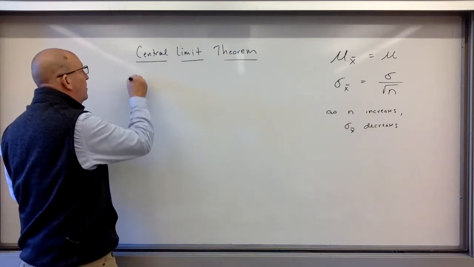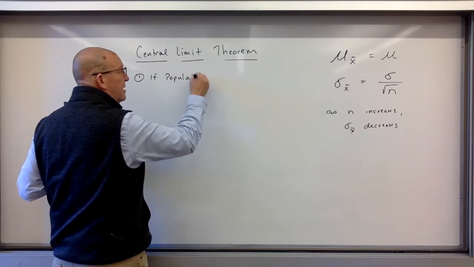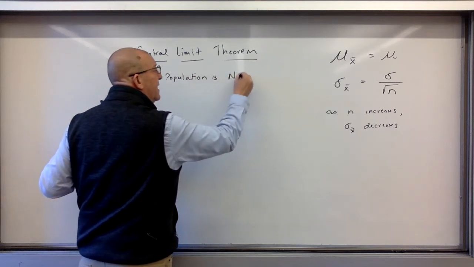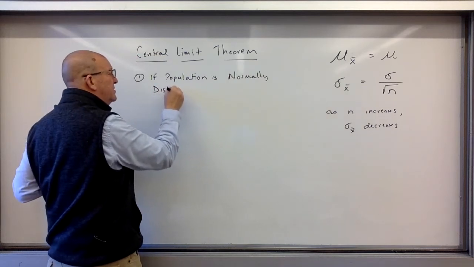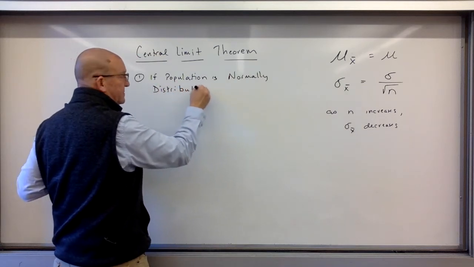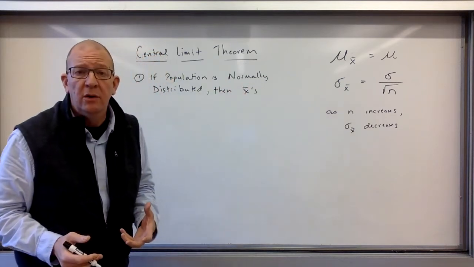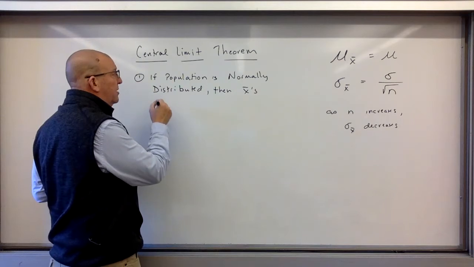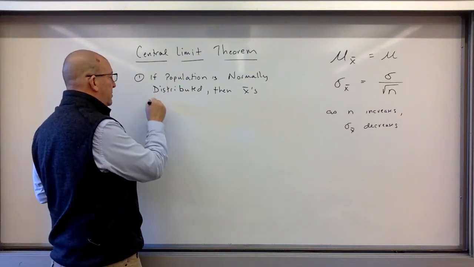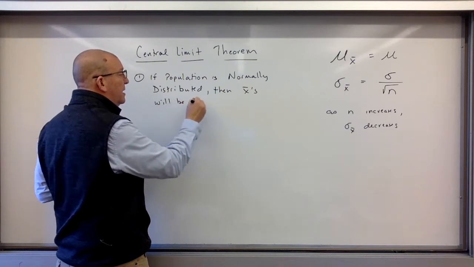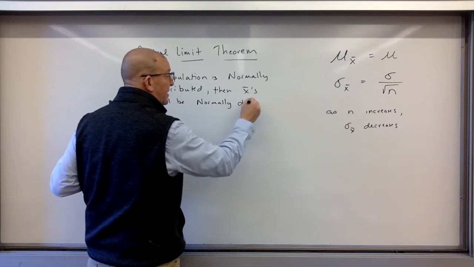It says, look, one, if your population is normally distributed, then your sample distribution will be as well. Then all of your x bars will also be normally distributed regardless of the size of n. They will be normally distributed no matter the size of n.